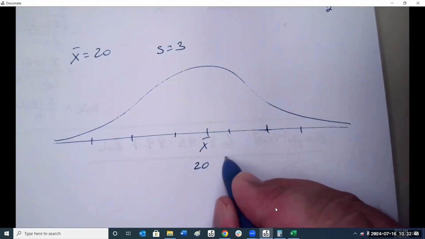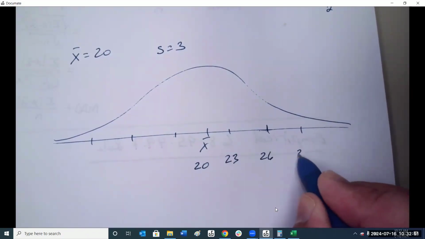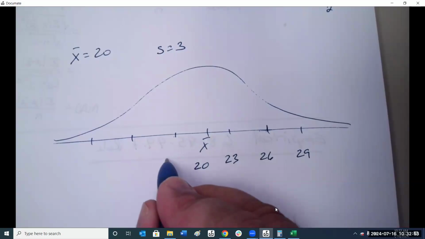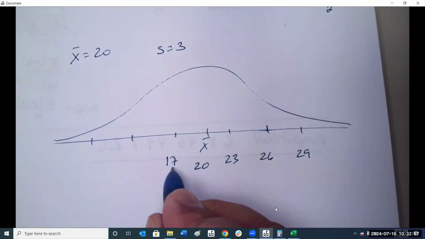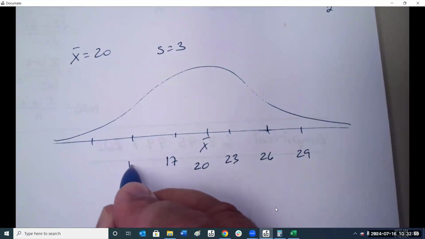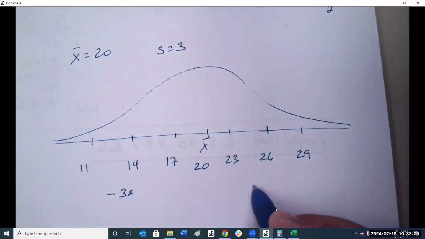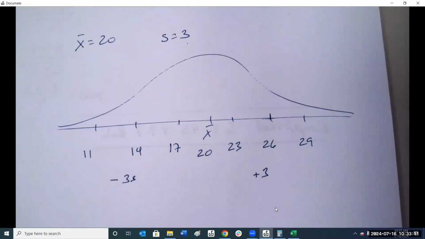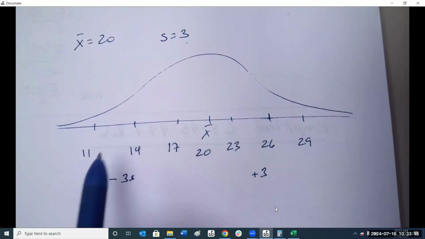What's this one? And this one? 20 minus 3 is 17, then 14, and 11. So remember, these are -3 standard deviations, and this is +3. So +3, +3, +3, -3, -3, -3.